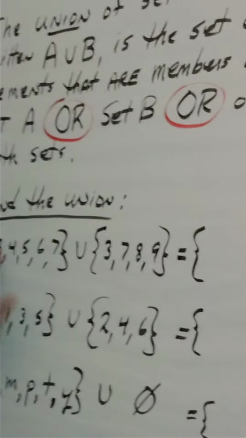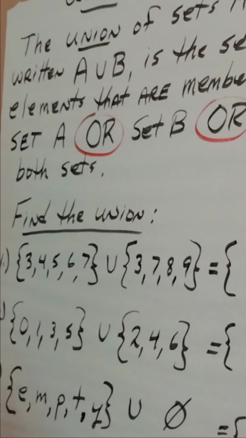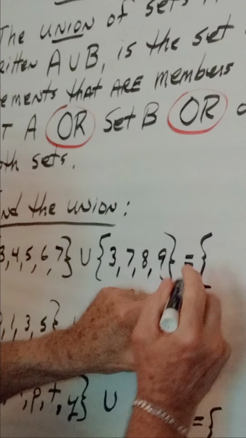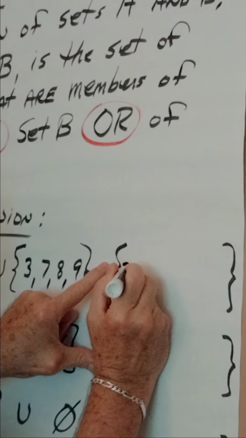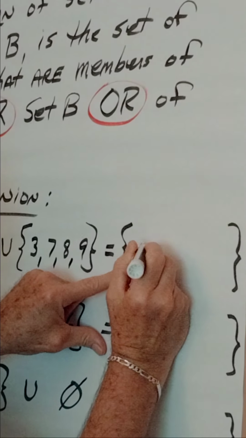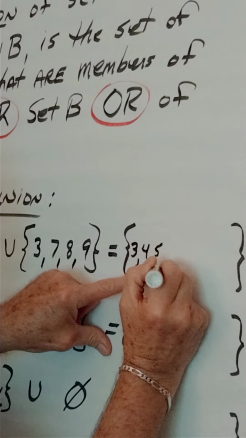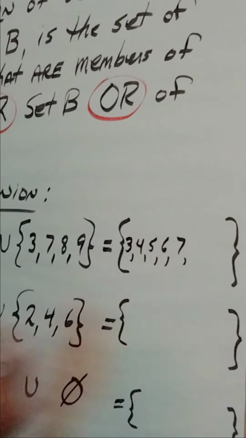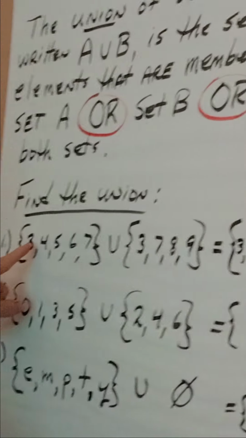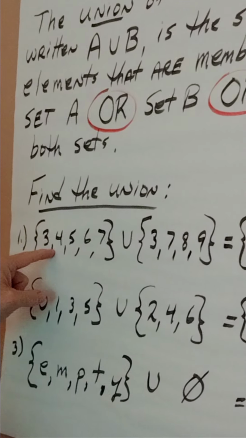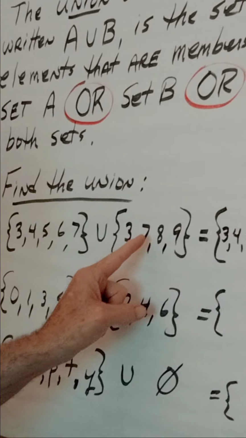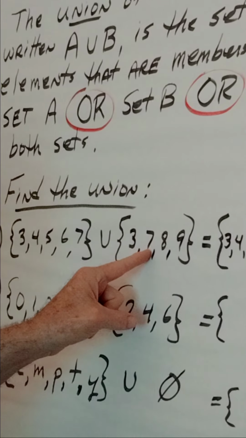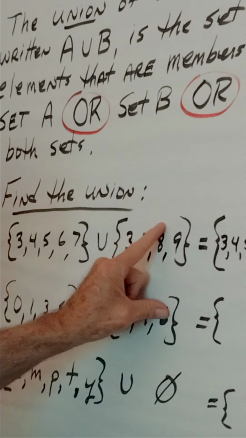We're going to take all of the members of this first set, so that would be the set whose members are 3, 4, 5, 6, 7, and we're going to join to these elements any uniquely different elements that are found in the second set.